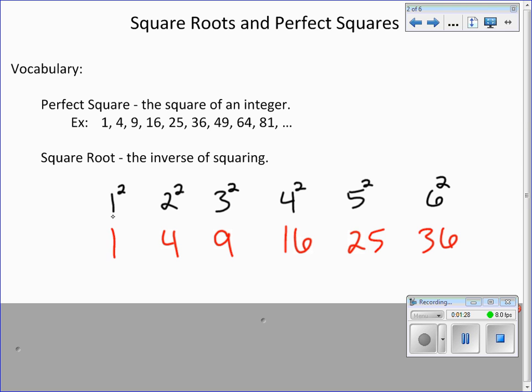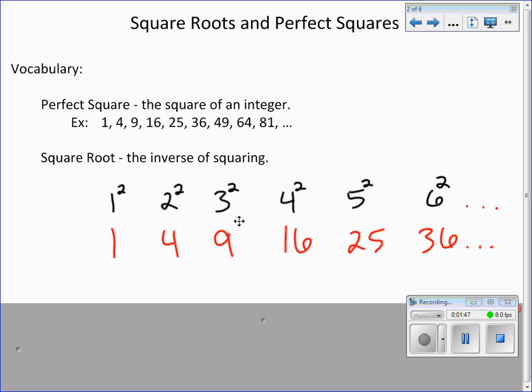So we do that and we get 1 times 1 gives us 1, which is our first perfect square. 2 times 2 gives us 4. 3 times 3, 9, 4 times 4, 16, 5 times 5, 25, 6 times 6, 36. And this just keeps going on forever.